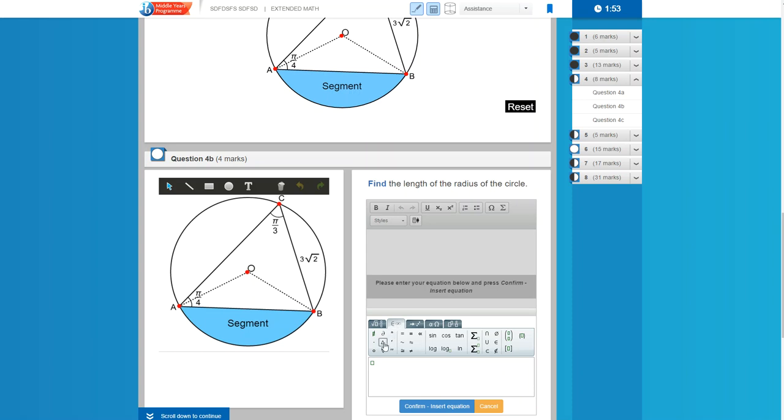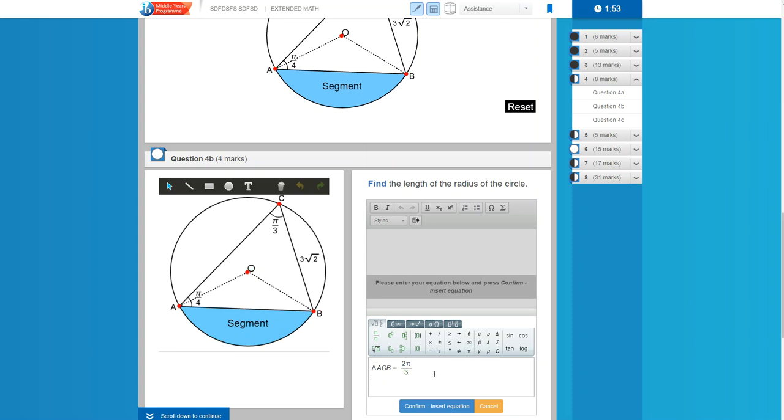So angle AOB is equal to, and they're using capitals, so I will too, AOB is equal to, I already said it's twice the size of this one, so it's 2 pi over 3.